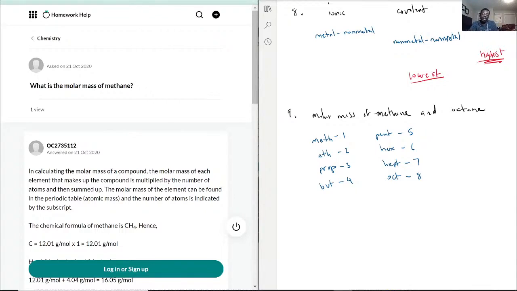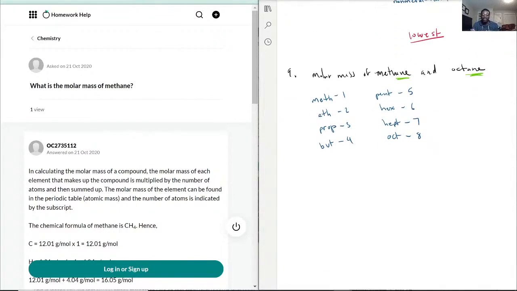The anes are saturated hydrocarbons, meaning every bond is filled out, every carbon has as many hydrogens as it can take. So that's what that "ane" means. And when that happens, there's a certain formula you can use to quickly find how many hydrogens you have, hence why we have octane as well.